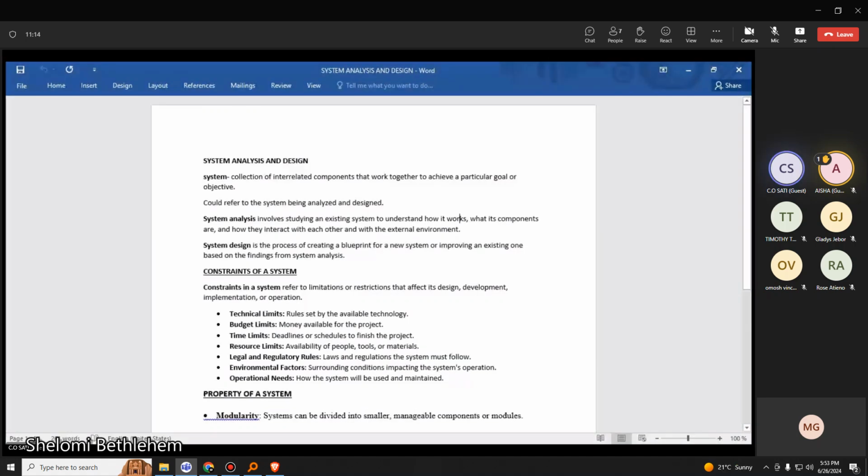Yes, Aisha, go ahead. A system design is the process of creating a blueprint of a new system or improving an existing one based on the findings from system analysis.